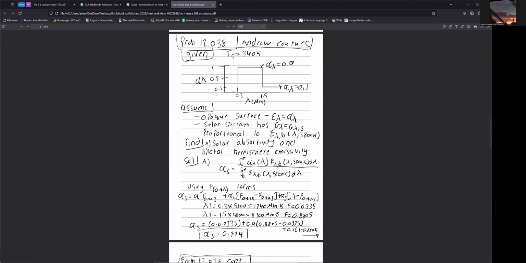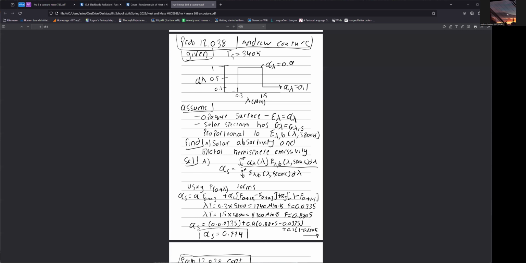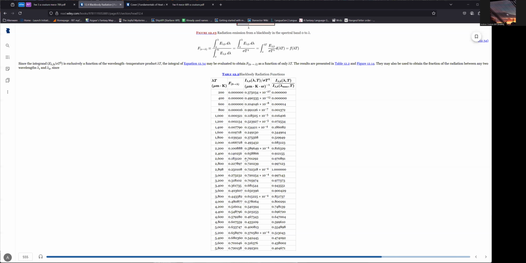So 0.3 times 5800 gets us 1740 micrometer Kelvin, which in the chart gets us an F of, you'd have to do a little bit of linear interpolation, 0.0335.